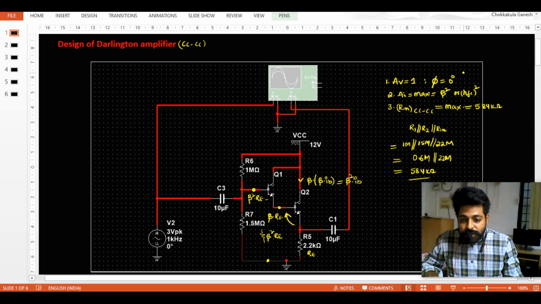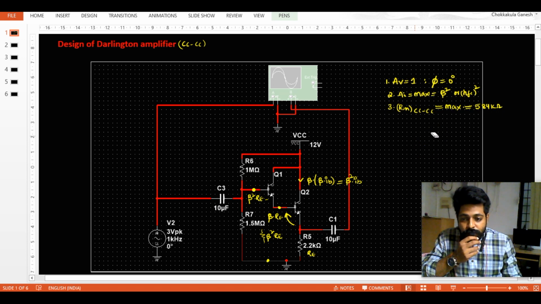So, from the comparison point of view, if I observe this one with a CE amplifier and a CC amplifier, the phase shift for this one is 0 degrees and for this one, 180 degrees.